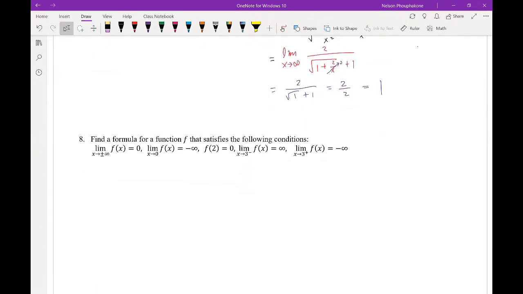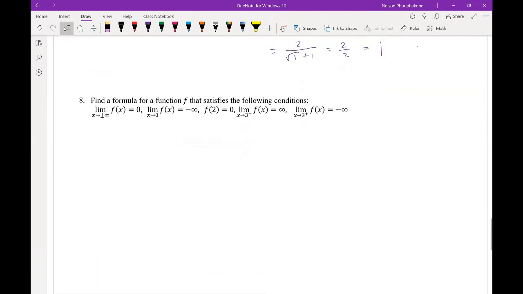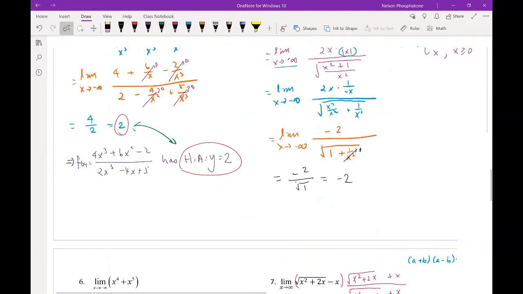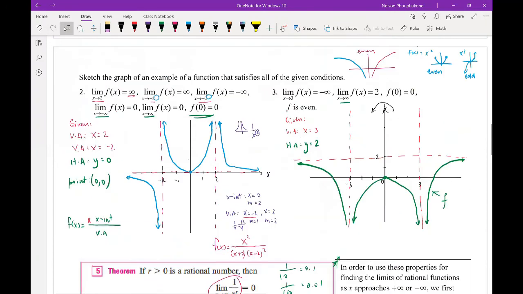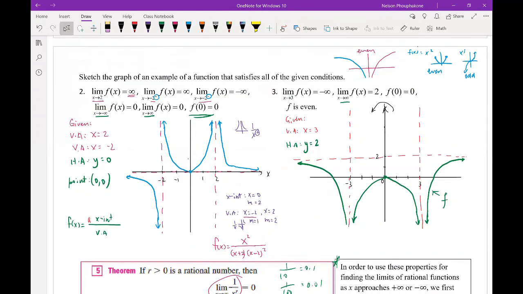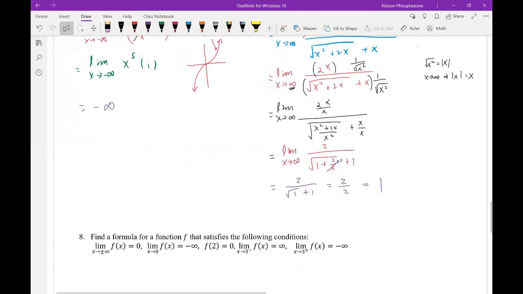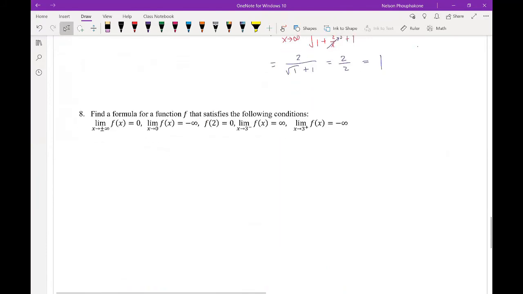Okay, now let us work on the last one. The last one is really similar to what we did before, just like number 2 and number 3. But one thing about the last one, I would like you to find a formula to work it out after you graph it.